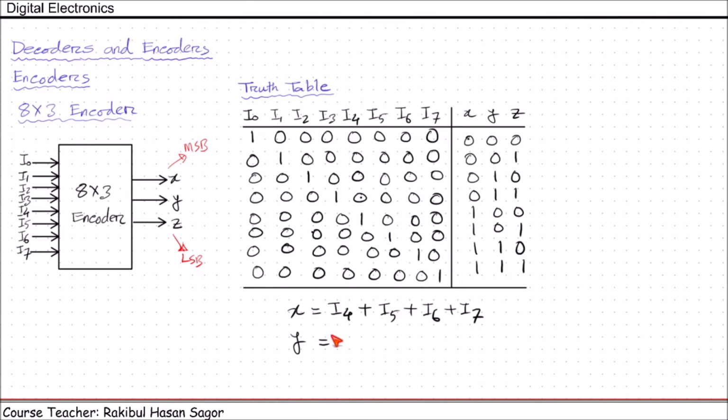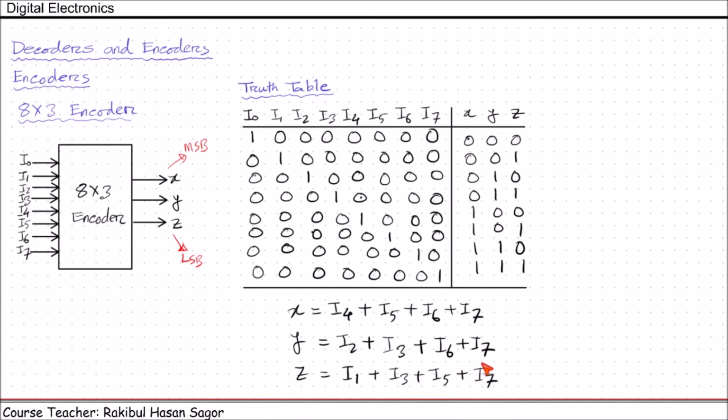Then Y equals 1 for I2 or I3 or I6 or I7. Finally, Z will be 1 for I1 or I3, I5, or I7.